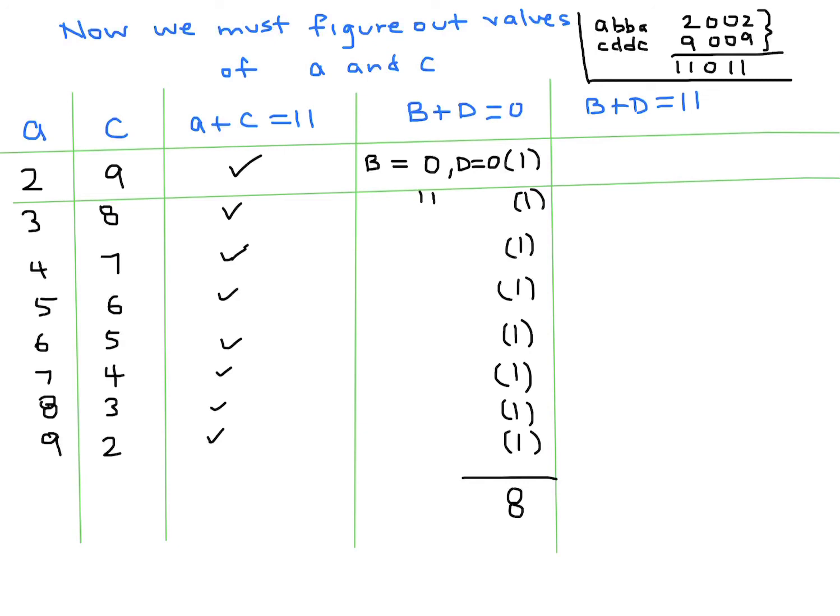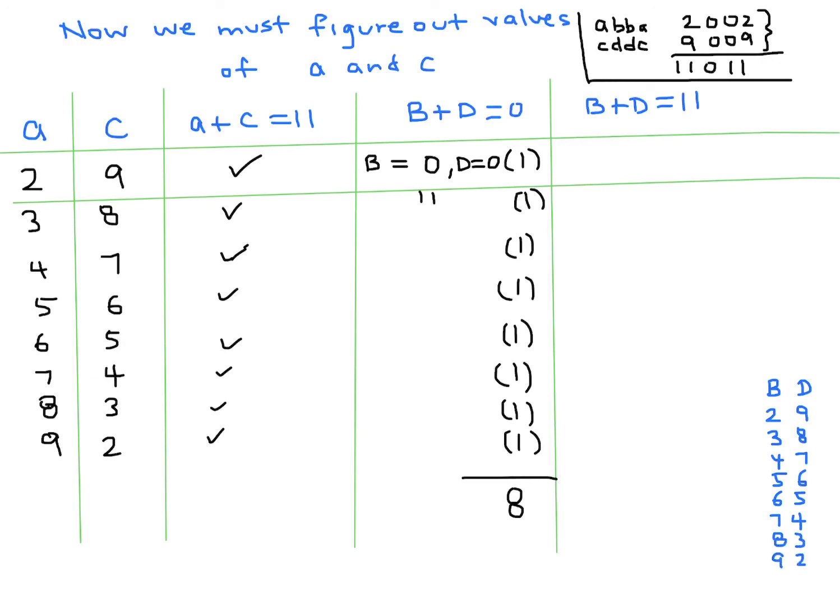We've got B and D, let's say, I'll put it here on the side. B and D. We have 2, 9, 3, 8. I hope this looks familiar. 4, 7, 5, 6, 6, 5, 7, 4, 8, 3, and 9, 2.